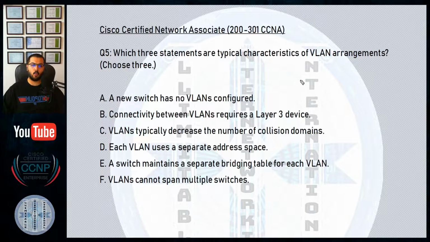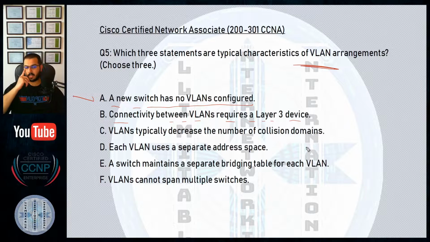Question 5. Which 3 statements are typical characteristics of VLAN arrangements? Okay. A new switch has no VLANs configured. Yes, Cisco switches have no VLANs configured, because VLAN 1 is the default VLAN, so they are not configured. Connectivity between VLANs requires a layer 3 device.